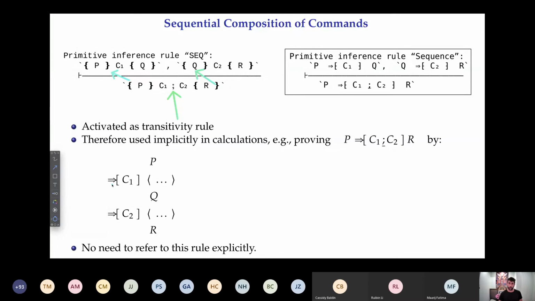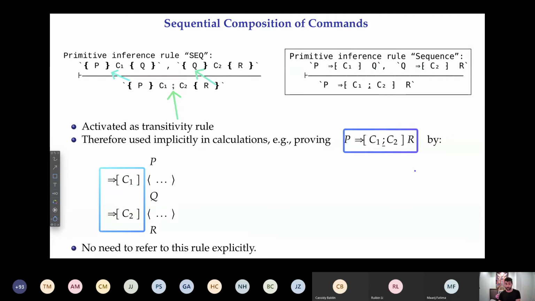As you'll see later on when we get to implication in detail, implication is transitive, and so these parameterized implications are also transitive. So P gets us to R through a sequence, if P gets us to Q through the first command, and then from Q to R through another command.